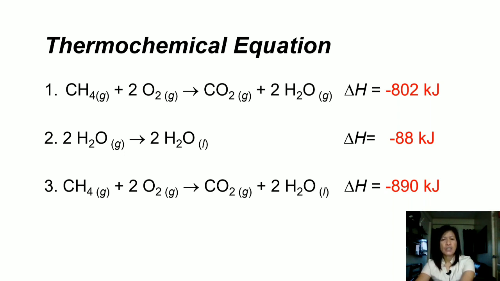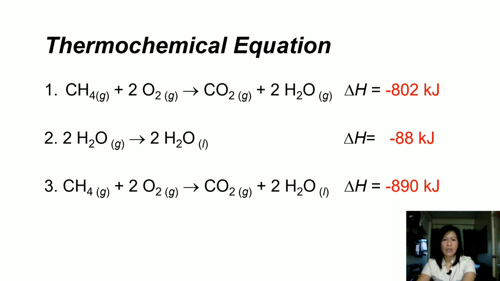The formation of carbon dioxide and water is accompanied by a release of 802 kilojoules. Same with the formation of liquid water from gaseous water. This is condensation of water vapor, accompanied by a release of negative 88 kilojoule.